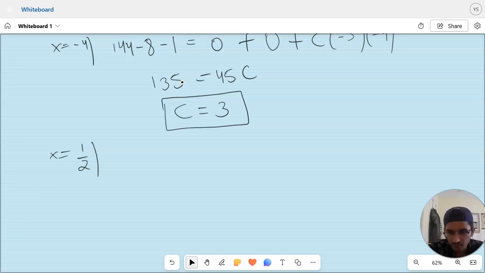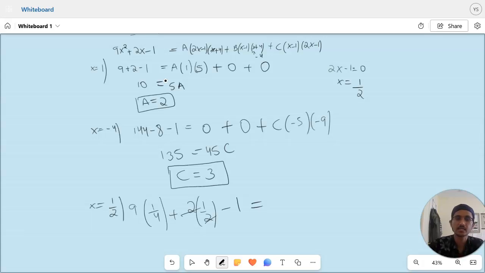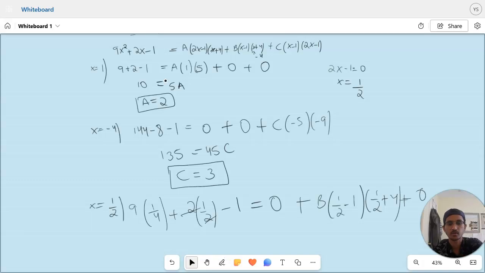It's going to be 9 times 1/2 squared, which is 1/4, plus 2 times a half, which is 1, minus 1. That 1 minus 1 gives us 0, so it's going to be 0 plus B times (1/2 minus 1) times (1/2 plus 4). And C is going to cancel out because of that 2x minus 1.